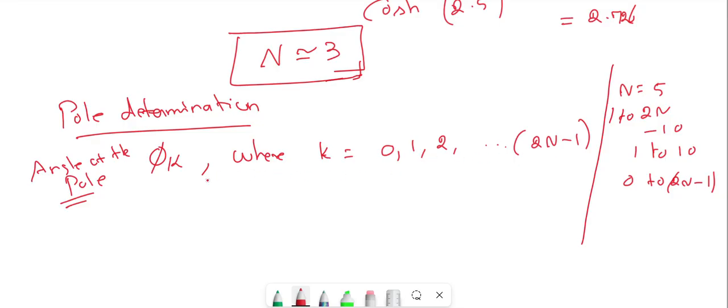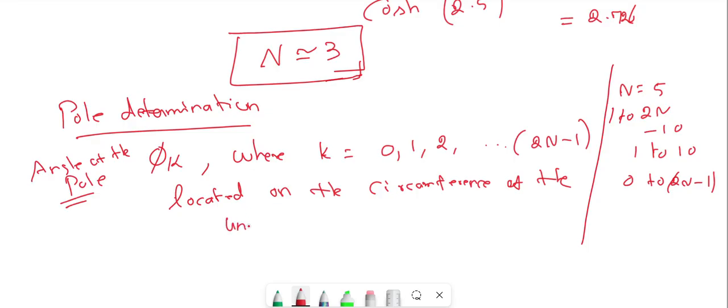So here k is 0, 1, 2 up to 2n minus 1. And how are the poles located? The poles are located on the circumference of the unit circle in the S plane.